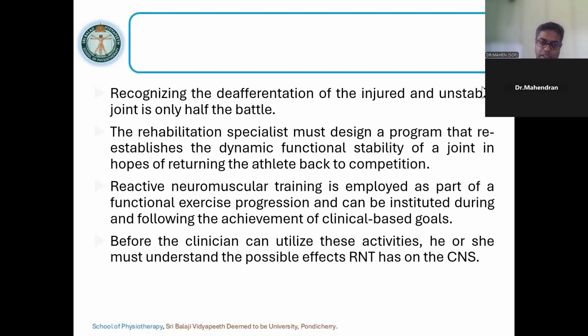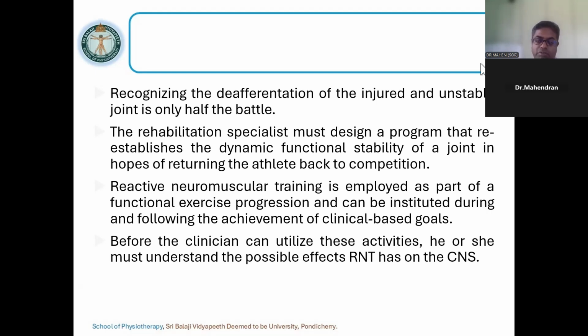Reactive neuromuscular training is employed as a part of the functional exercise progression and can be instituted during and following the achievement of clinical based goals. Once the patient has achieved the short-term goals or minimal expectations like pain reduction and return of ADL, then we can incorporate the RNT.